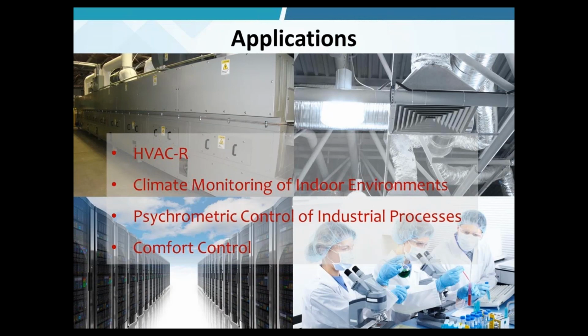It can be used just for climate monitoring of indoor environments, like laboratories, clean rooms, or data centers. For most strict requirements, it can be applied to psychrometric control of industrial processes. And not less important, used for comfort control, where the air moisture and temperature should be handled.